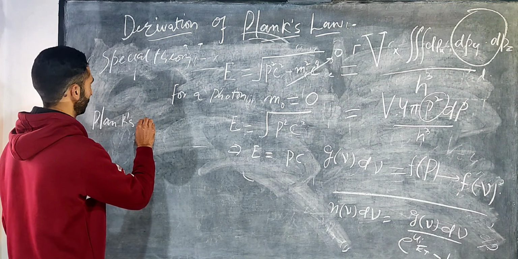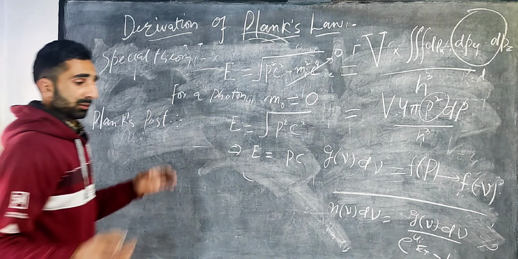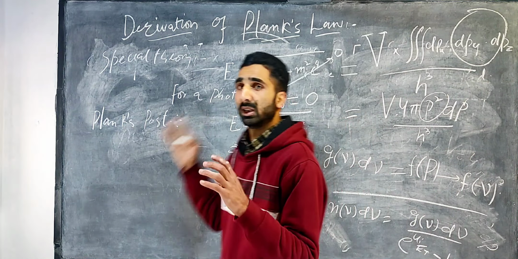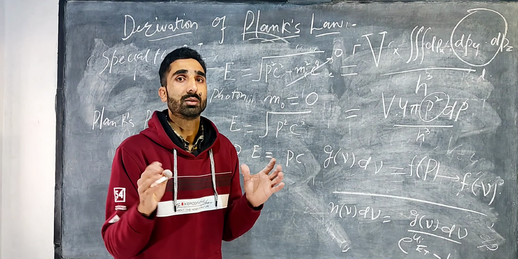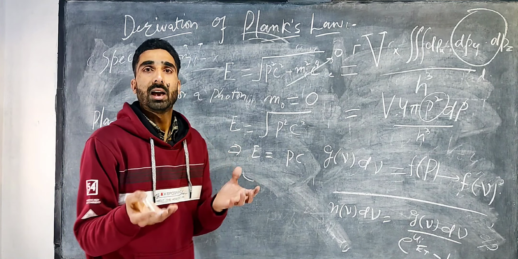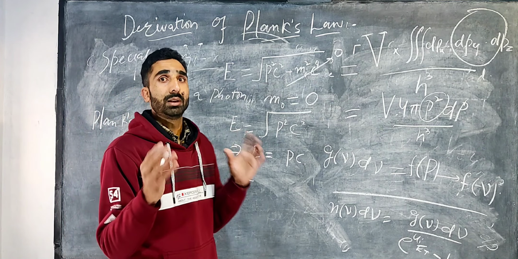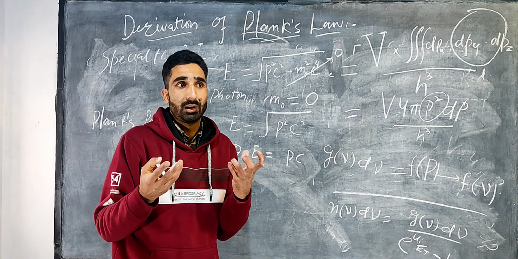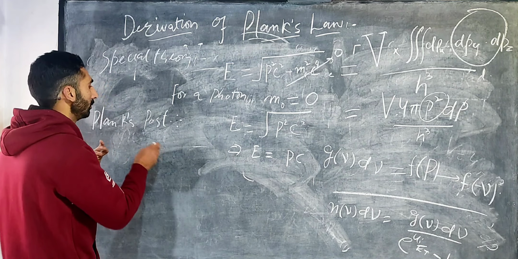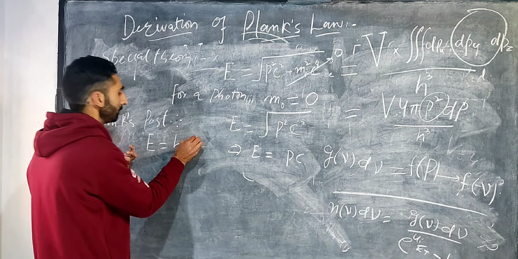And from Planck's postulate, within that very black body which is under discussion, the photons existing inside it have quantized energy, and those photons are called the quanta. That energy is given as E equals h nu.